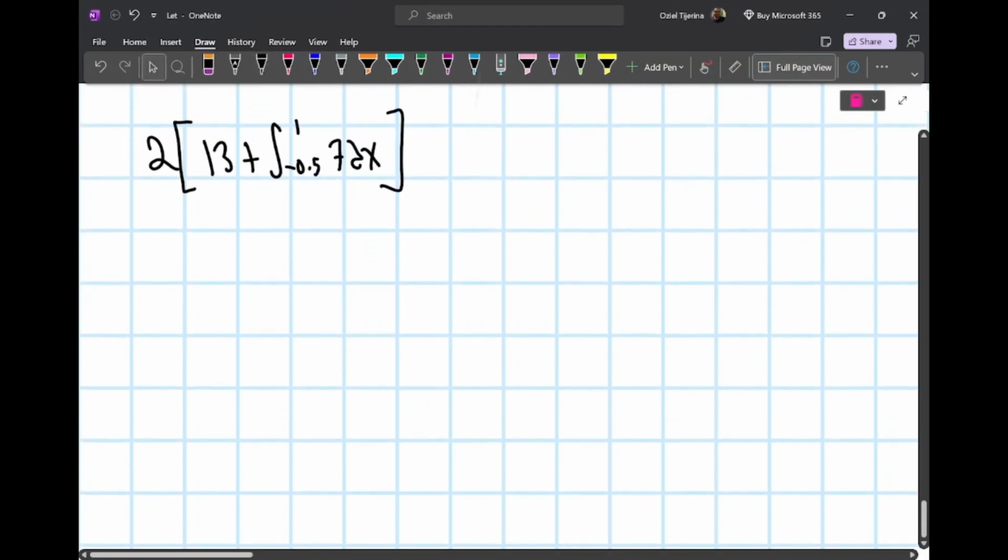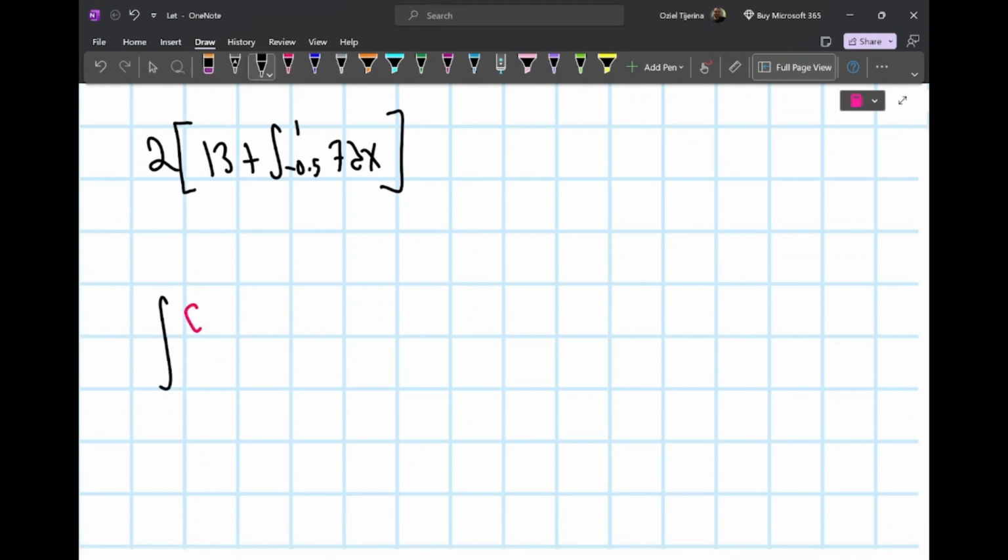And there is that constant property, guys, that if you have the integral of a constant with respect to x, this is automatically c times x.